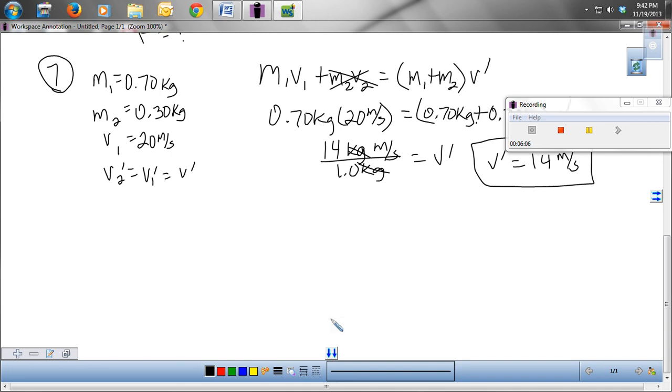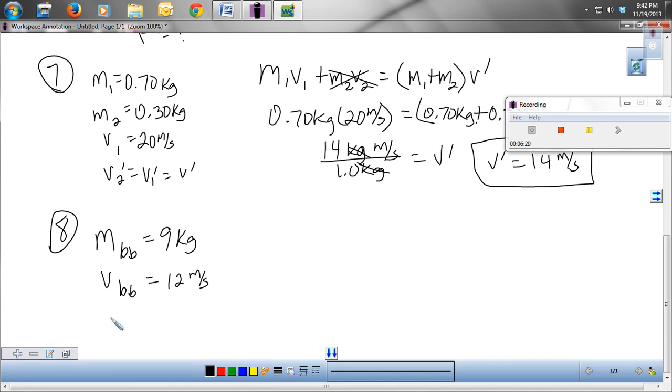Alright, number 8 says Angela rolls her 9 kilogram bowling ball. So the mass of the bowling ball was given to us as 9 kilograms. And the velocity is 12 meters per second. She's going to attempt to hit a pin.